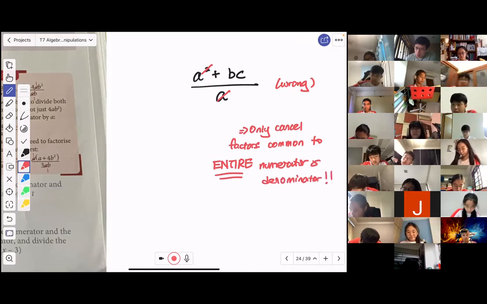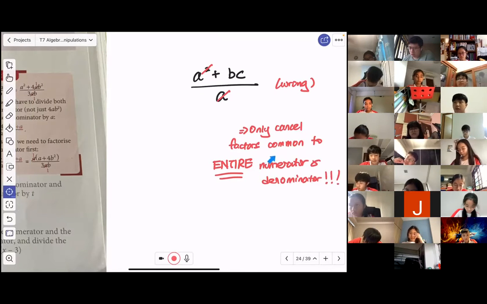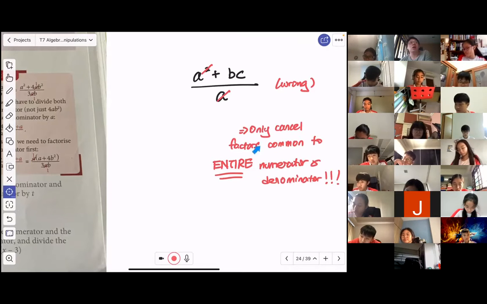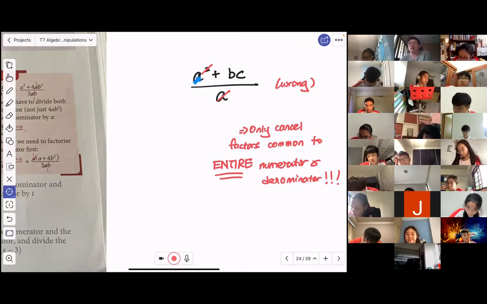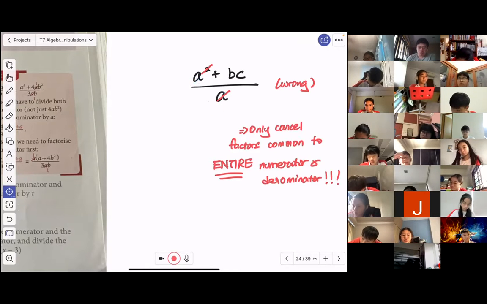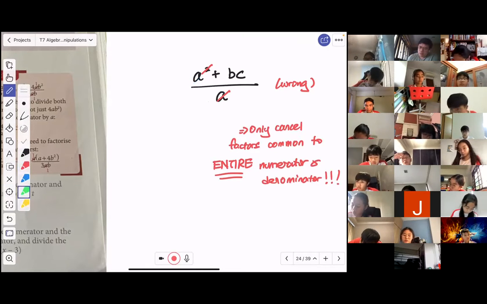Please write this down. So a square, you can see this a is not a factor to the entire numerator.